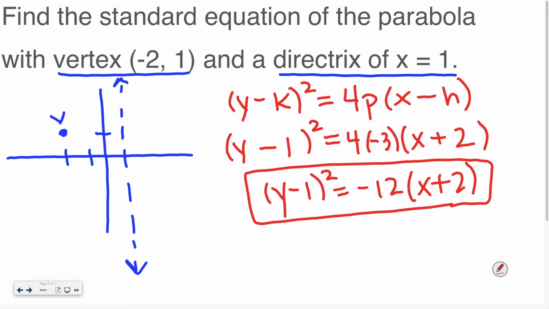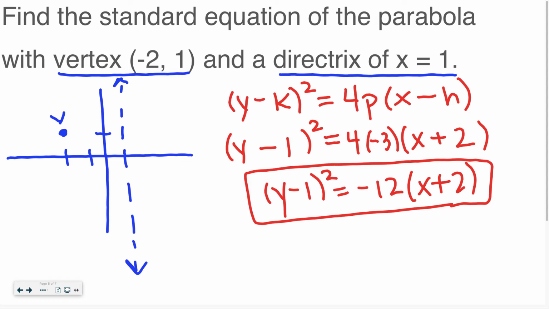Okay? Less intense than graphing, right? But what's nice about these problems is it solidifies all of the information that we use to actually make our graphs, so that when you go back to do your graphs, I'm hoping you have a better understanding of it, by being able to work backwards like this.